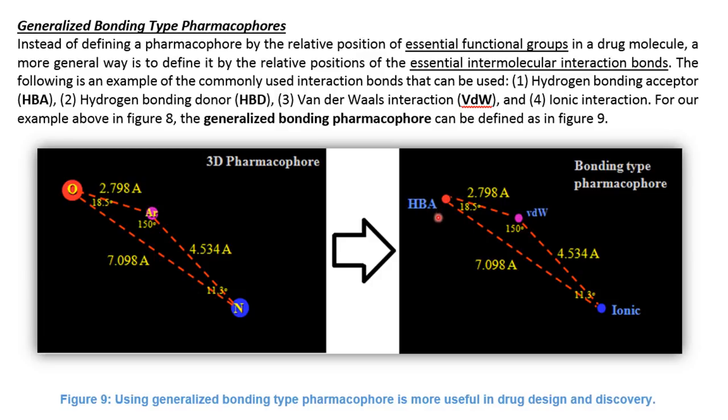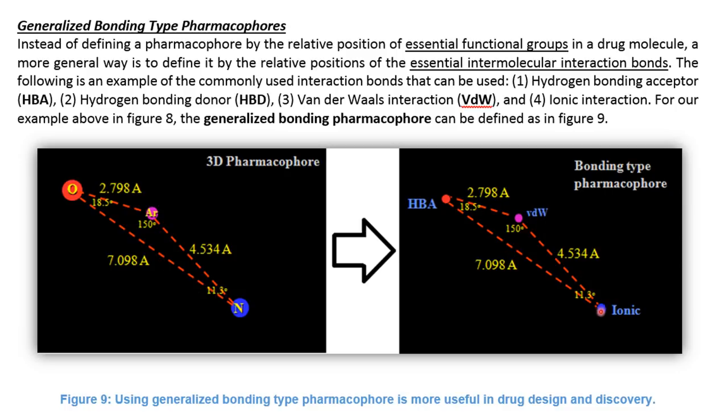The reason is, instead of being strictly tied to the type of the atoms involved, instead of saying we should have oxygen, we should have an aromatic ring here, a benzene, and we should have a nitrogen ammonium group, I could actually say that I need a hydrogen bond acceptor here, which could be an oxygen, a nitrogen, or a fluorine, and I need a functional group that can make a van der Waals interaction here, which could be a benzene ring or maybe a naphthalene ring.